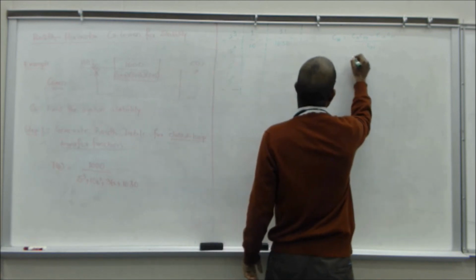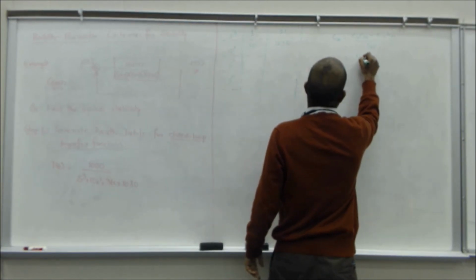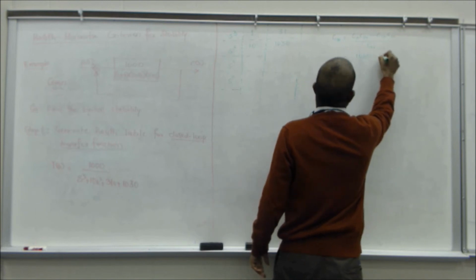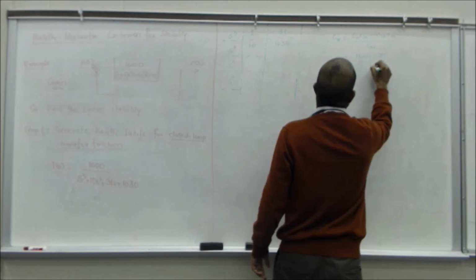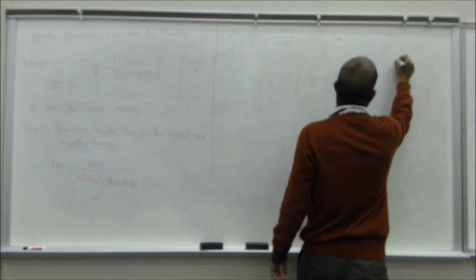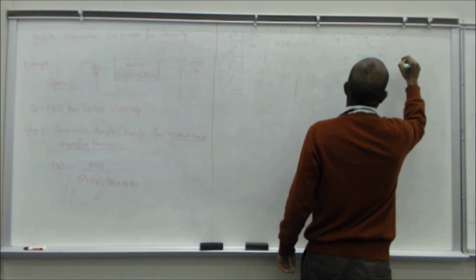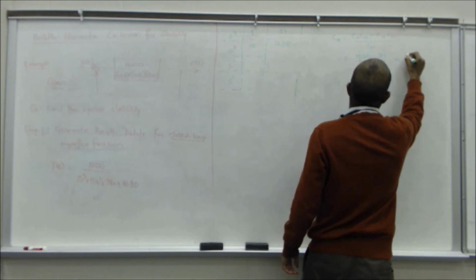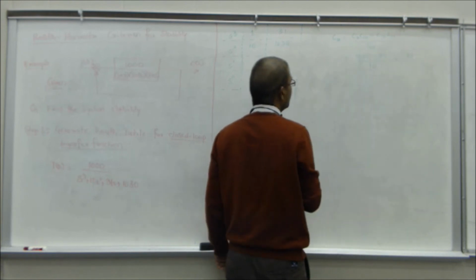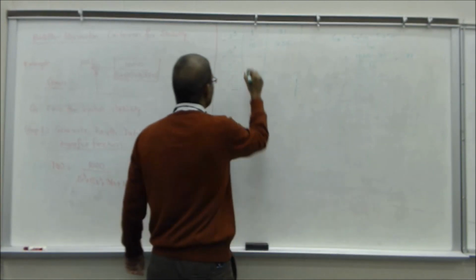This is 1030 minus 310 over 10. Okay, so this would be 72, right?